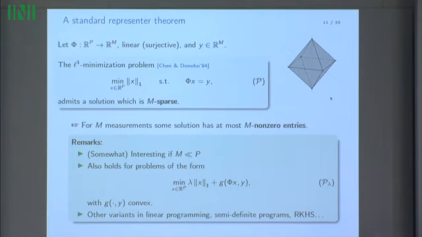It's because you can really solve P lambda, and let's call x hat a solution of P lambda, and you can just plug here, instead of y, phi x hat, and you know that for this problem you're going to have a solution which is m-sparse, and which is going to be also a solution of this problem. Okay, so I will only focus on this kind of problem here, with equality constraints, but keep in mind that the result that I will state can be really extended to this form of problem. Okay?